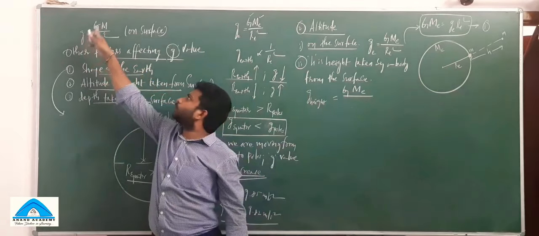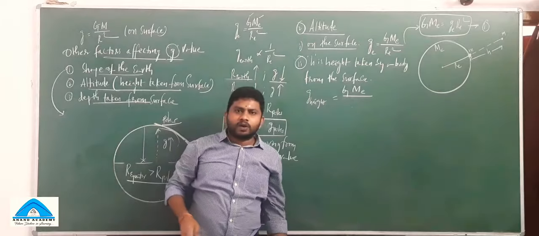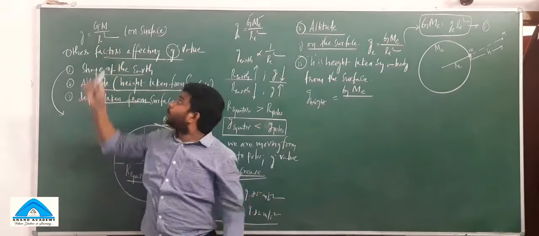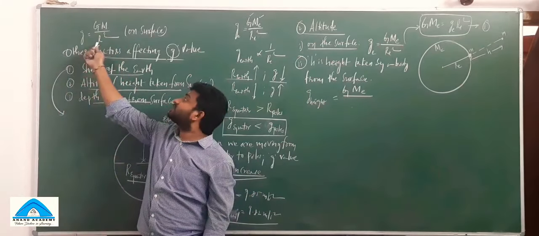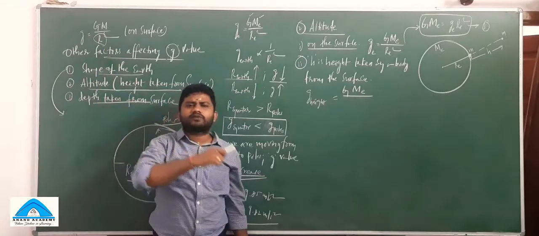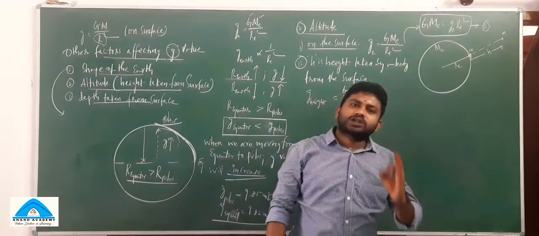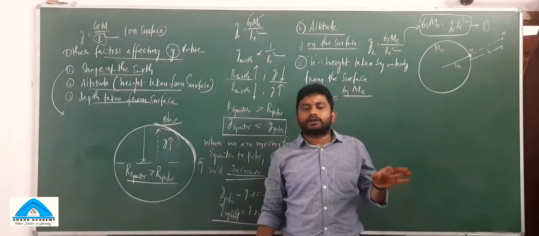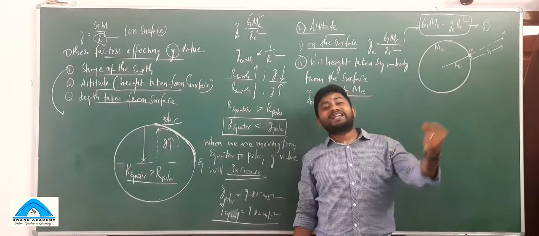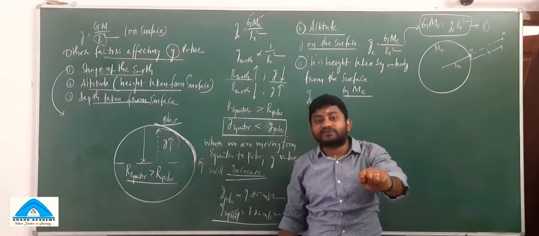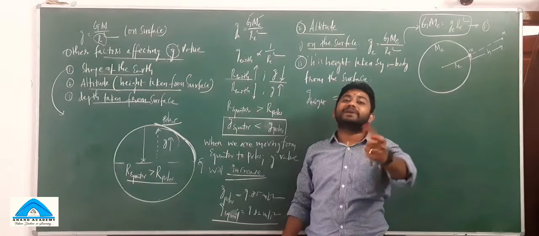Acceleration due to gravity is equal to GM by R square. What is G? Constant. What is M? Mass of the planet. What is R? So many times I've told you R is not just the radius of the planet. When the body is kept on the surface of the earth, the R will be the radius.